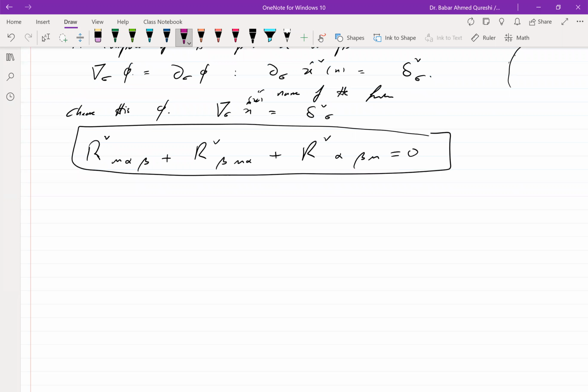In other words, what I have proved is that the totally antisymmetric combination in the last three indices is 0. This is just a notation for taking the last three indices and doing a full cyclic permutation, which is equal to 0. So that's another symmetry of this Riemann.